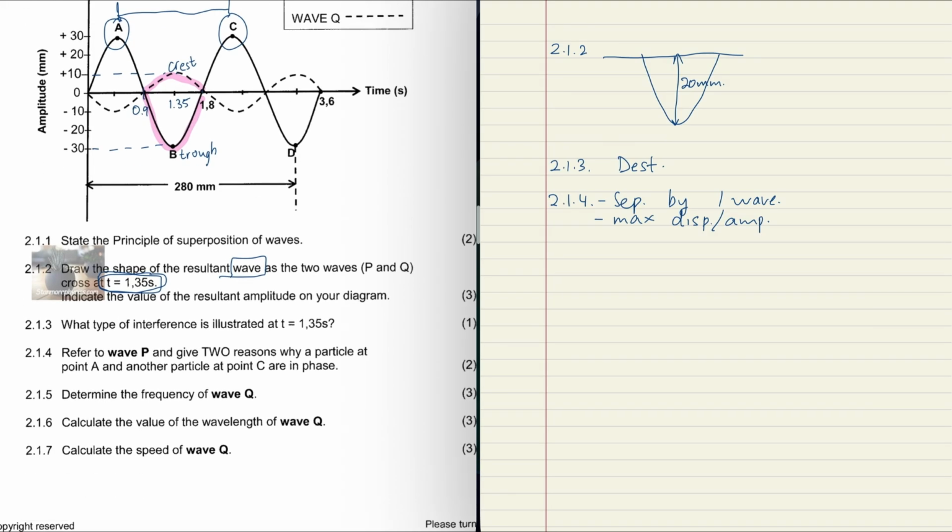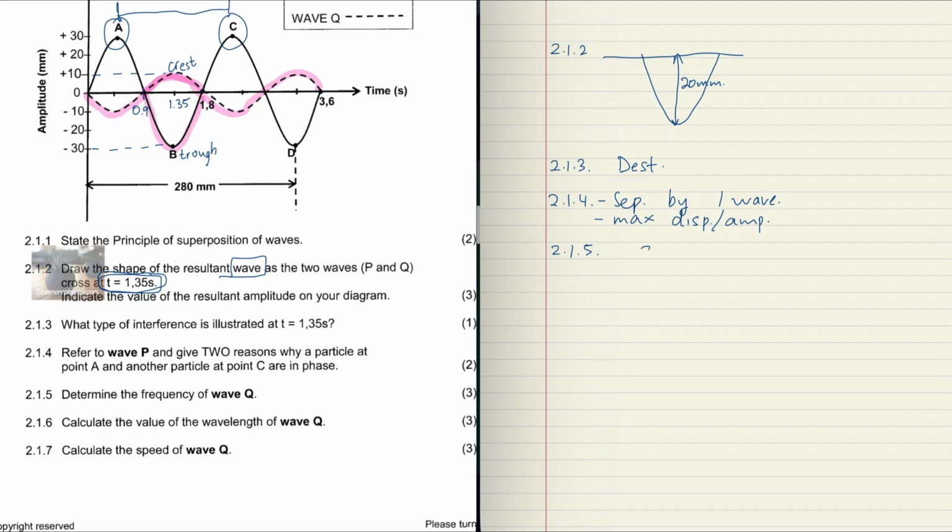Question 2.1.5 says, determine the frequency of wave Q. Now, wave Q is the dotted one, and frequency is basically asking us to calculate the number of waves per second. So if we count the waves for wave Q, that's one wave and then two waves.